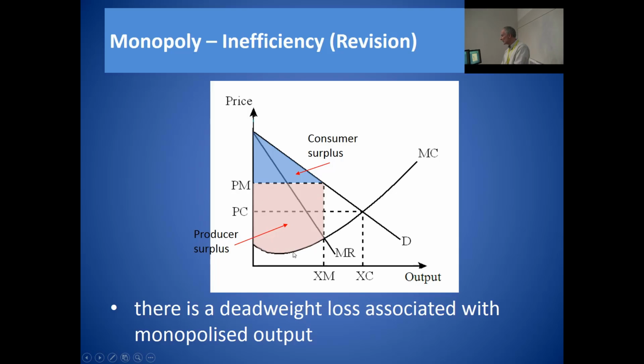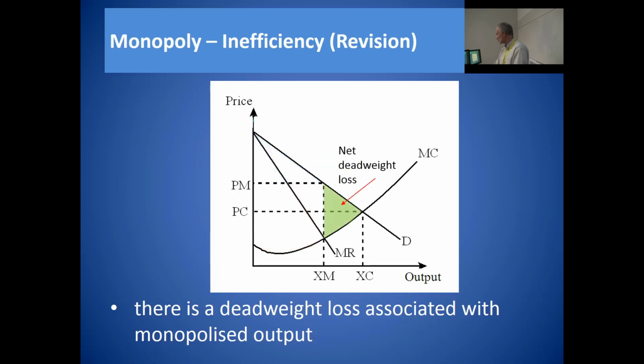For all of these units in that shaded area, the cost of producing the extra unit, that is the marginal cost, is less than the price. And so, we sum that over all of those XM units, and that shaded red area there is the producer surplus.